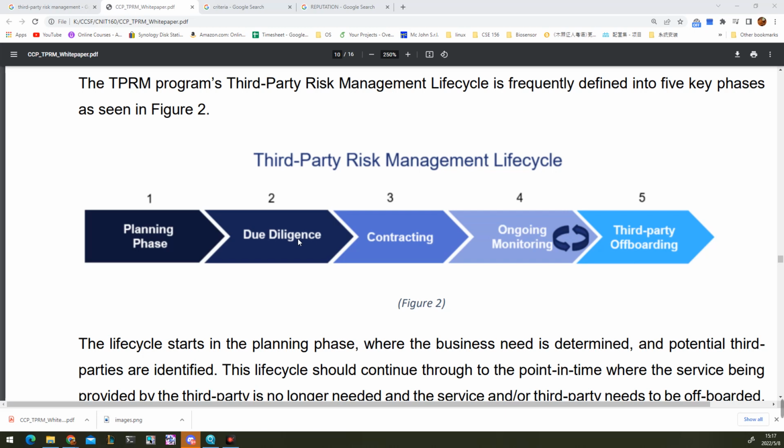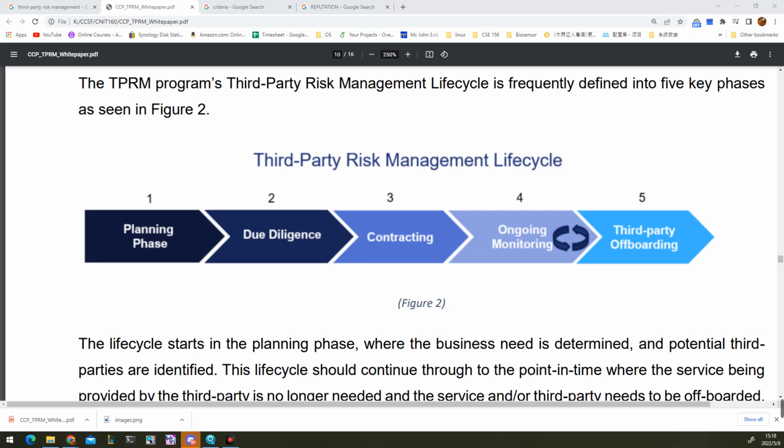The strategic risk is: is the third party a strategic partner, or is the third party required for the company to meet any of its strategic objectives, where third party failure affects those objectives? So we need to think about that and consider it.